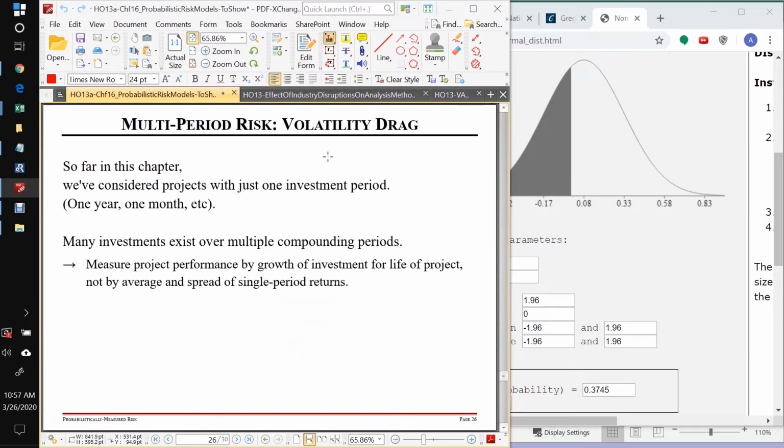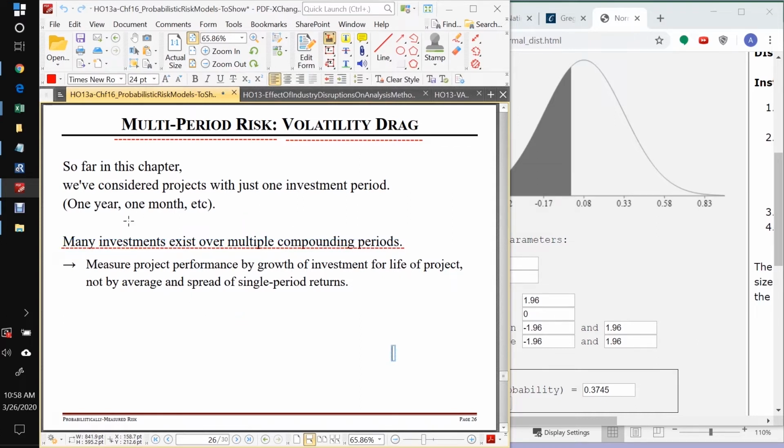Okay, and the last thing that we need to talk about in this chapter is what's called volatility drag. And volatility drag is associated with multi-period risk. So far in this chapter, we've considered projects with just one investment period, 1 year, 1 month, etc. And of course, as we know, most investment projects exist over multiple compounding periods.